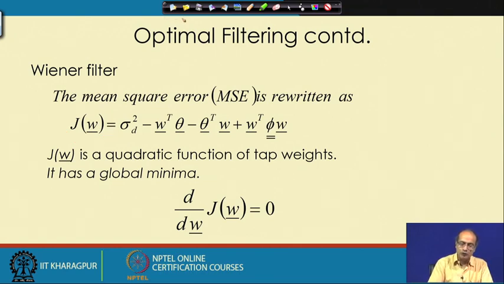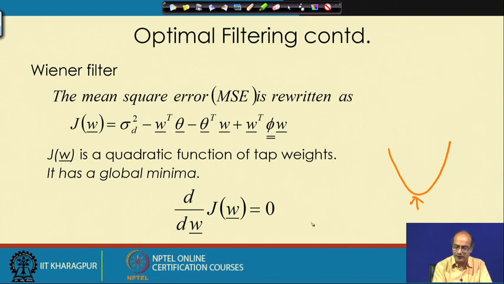Okay. So, J(W) is a surface, or we can say a hyperplane, and this function has a global minima, and at that minima the gradient would be 0. Okay. So, we exploit that situation.